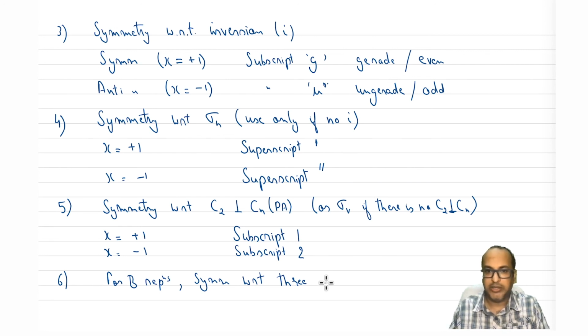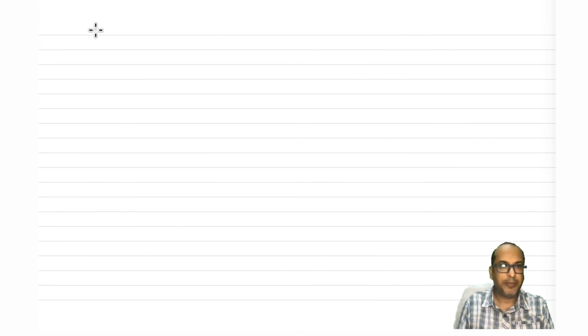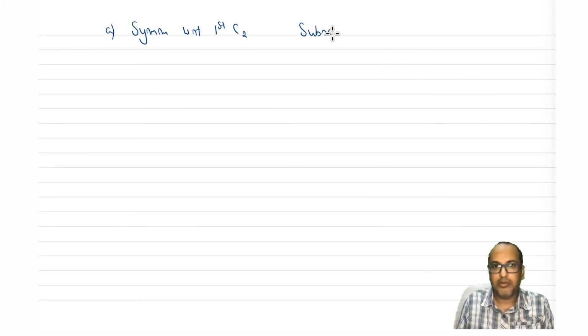Many times they don't define it. So 3 equally important C2 axes. Then let's go to the next page. Symmetric with respect to the first C2, subscript 1. B part is symmetric with respect to the second C2, subscript 2.